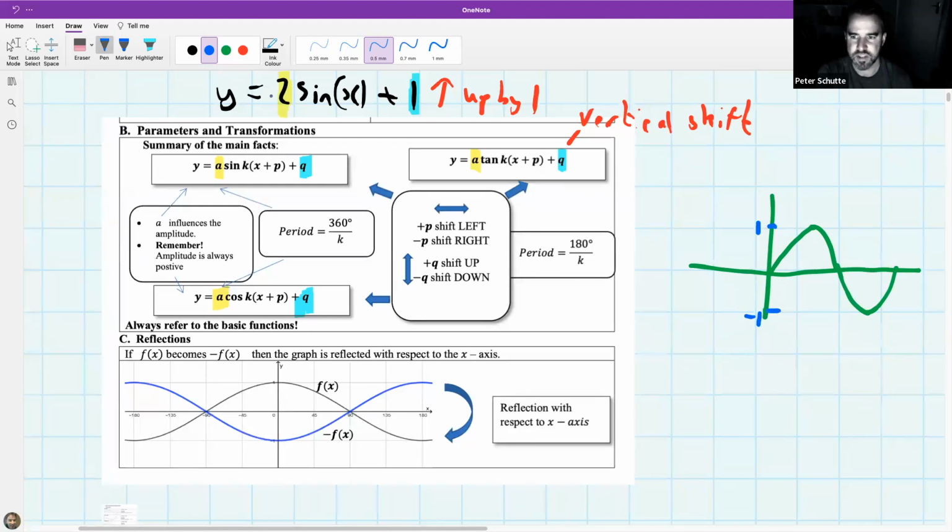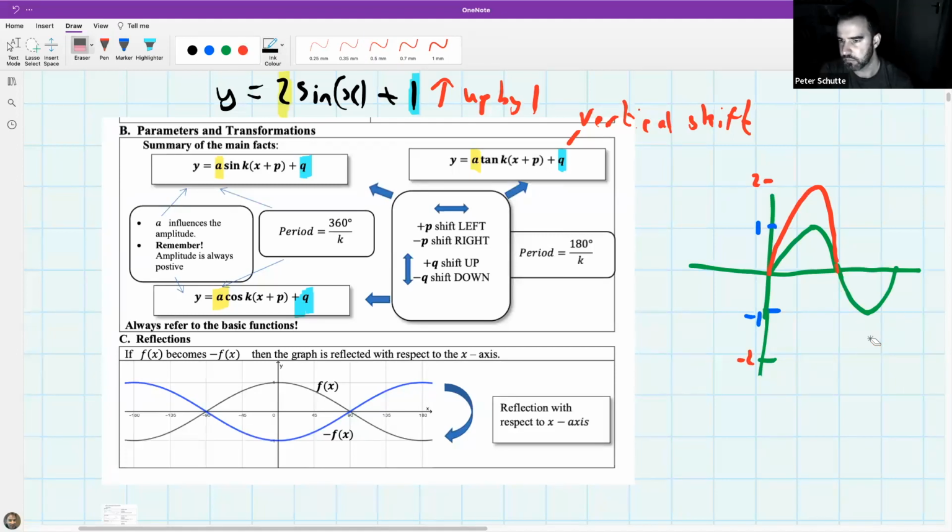If you change the amplitude to 2, then the highest value it gets to is going to be 2, and the lowest value is going to be -2. And so the amplitude is essentially stretching the graph up and down.